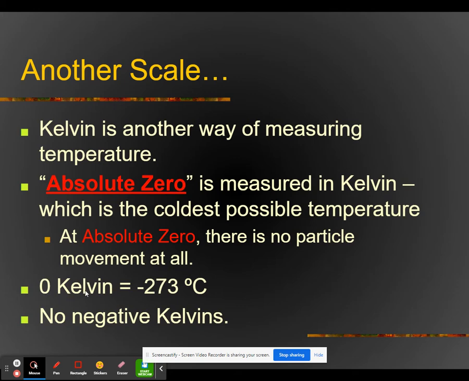The equivalent in Celsius to 0 Kelvin would be negative 273 degrees Celsius. That's a really, really low temperature. And since absolute zero is 0 Kelvin, there are no negative Kelvins because you can't have less than 0 motion. Absolute zero is the temperature where all molecular movement stops.